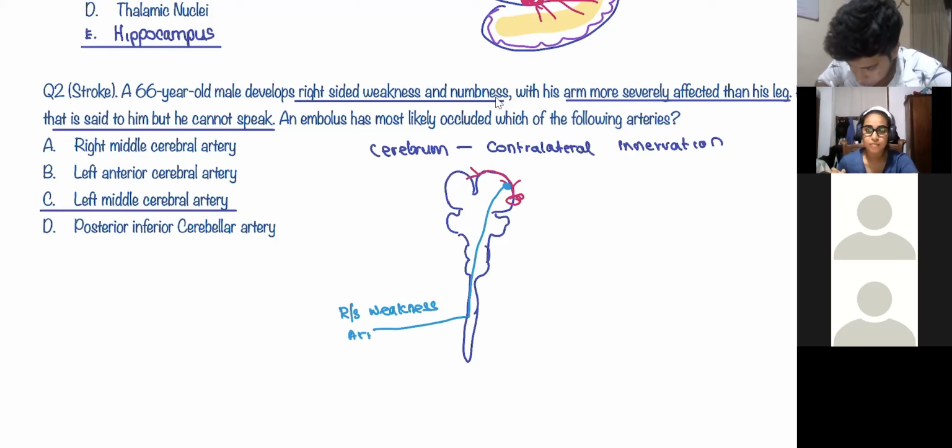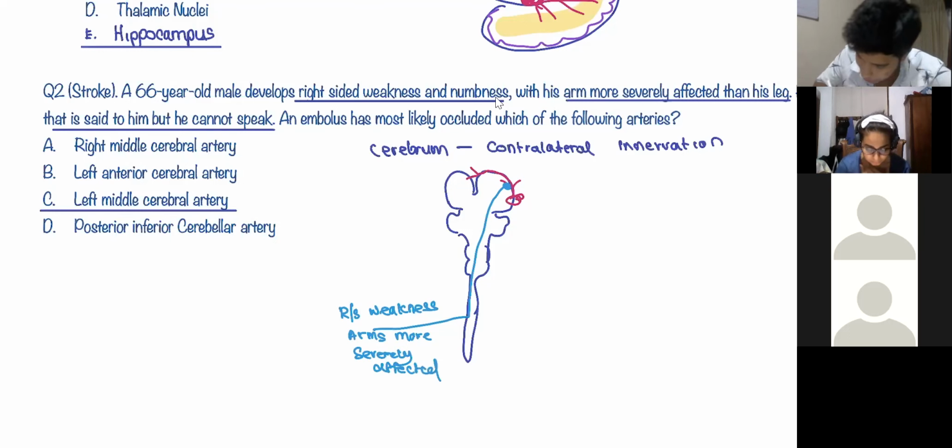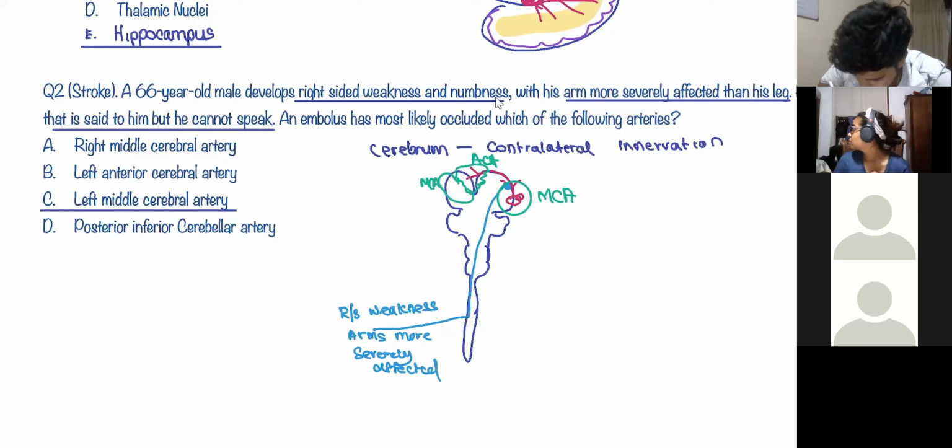Arms more severely affected, and he has speech problems. So this is the MCA. I told you guys, this region is the ACA. Okay, MCA. And the PCA.